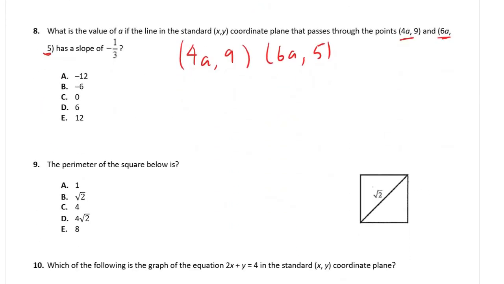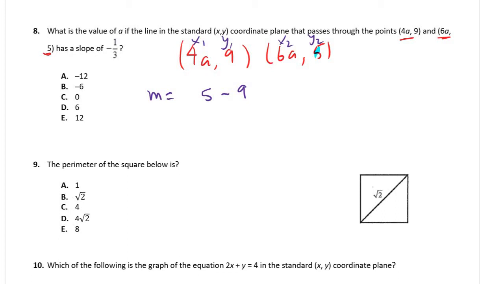So notice that this will be my x, this guy over here. Write it in another column. This is my x1, y1. This is my x2, y2. So that I can just say that the slope is 5 minus 9. This is y2 minus y1.